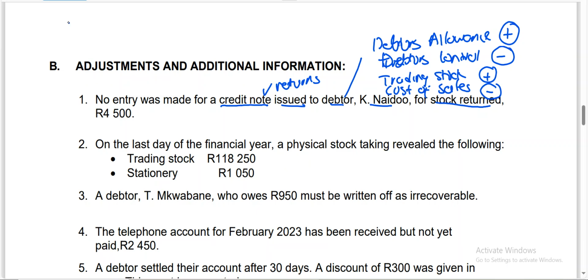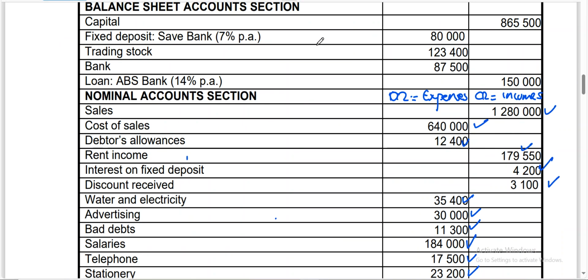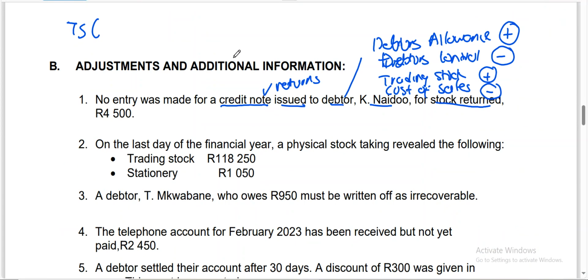Now our trading stock from the trial balance is 123,400.